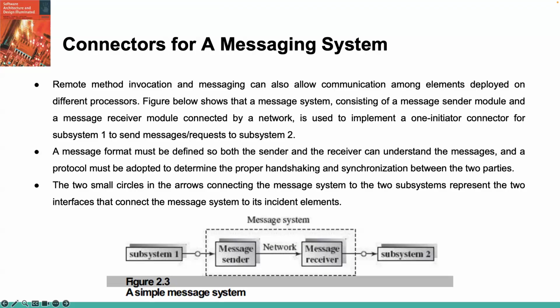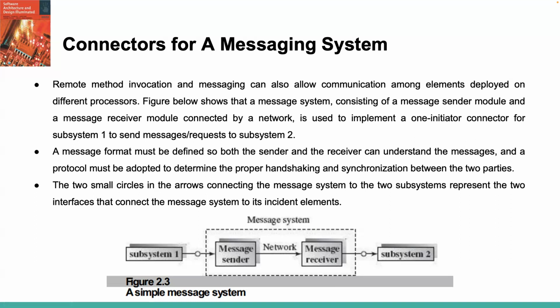In this diagram, yes, there are two small circles. Over here, one circle, and over here, another circle, on the arrows connecting the message system to the two subsystems.